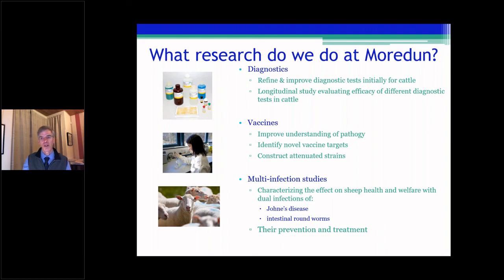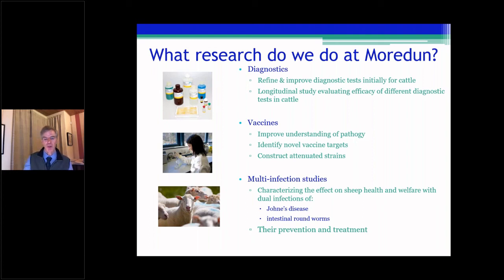So we're hoping to go into the host species, either sheep or goats, certainly to start with, to see how well these vaccine strains work, and you would be able to differentiate between naturally infected and vaccinated sheep, as well as use it hopefully in cattle, as it would not interfere with the bovine TB test.